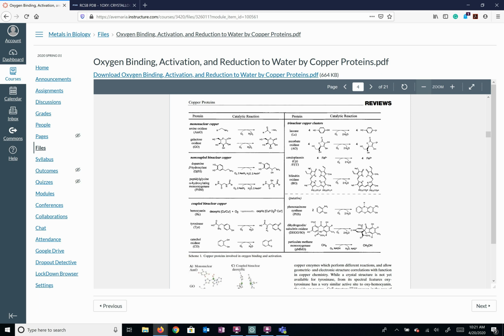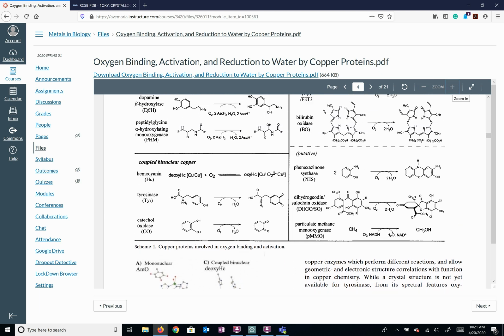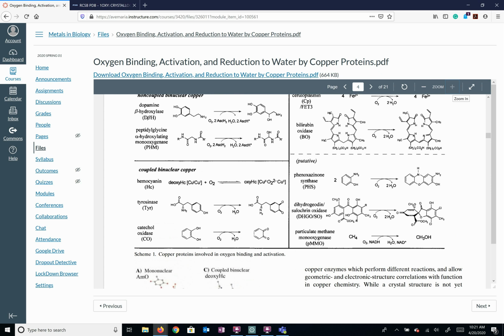If you look down here, we have the coupled binuclear copper proteins. There's hemocyanin, tyrosinase, and catechol oxidase. The active site for hemocyanin is nearly identical to what we see with tyrosinase and catechol oxidase.